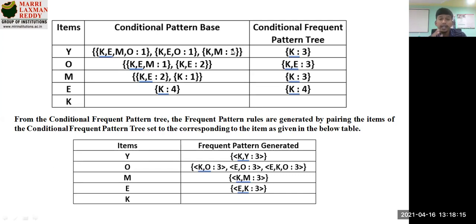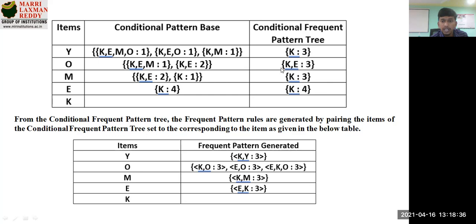So whenever a particular combination or any item set meets the support threshold value, then only it is kept. For example, here you can see, KE is available 2 times, right? But the value is equal to 3.